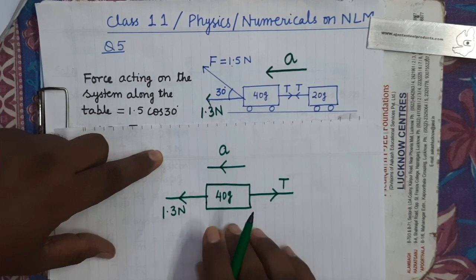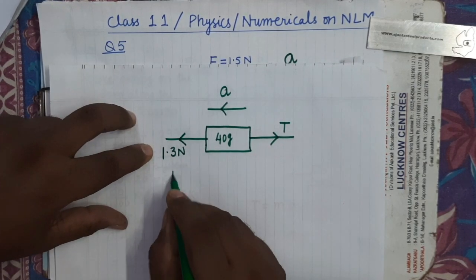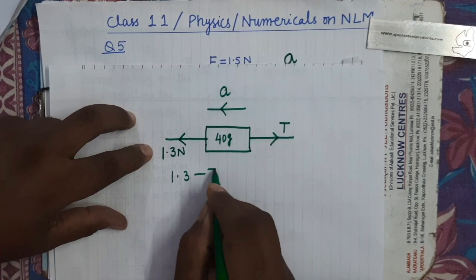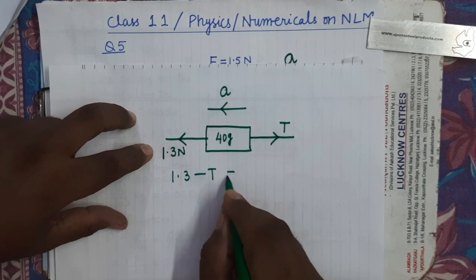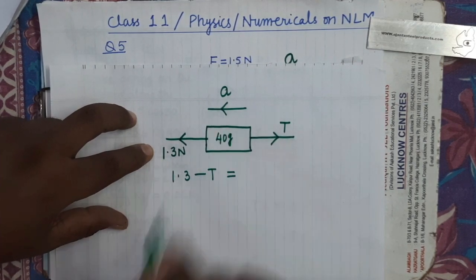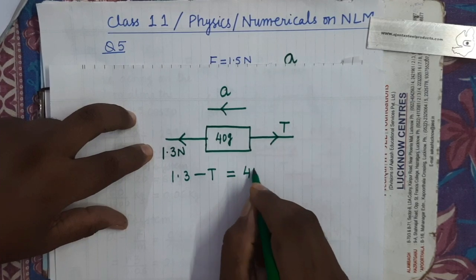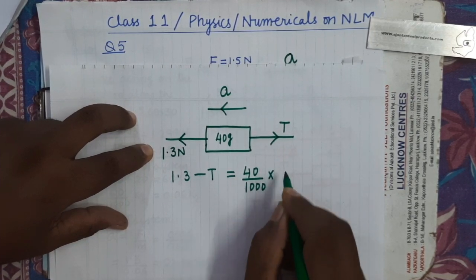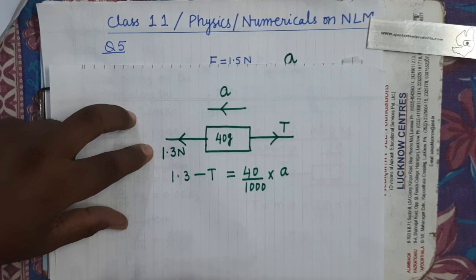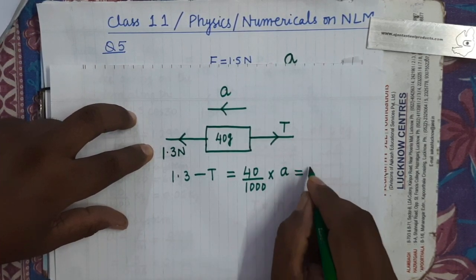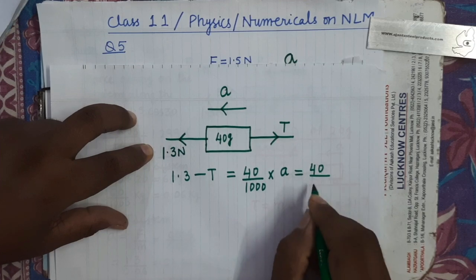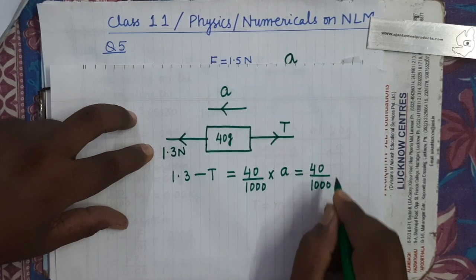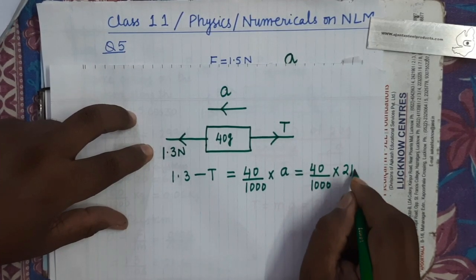It will be 1.3 minus T equals its mass into its acceleration. What is mass? 40 upon 1000, into acceleration A, which you have already calculated, 40 upon 1000 into 21.7.